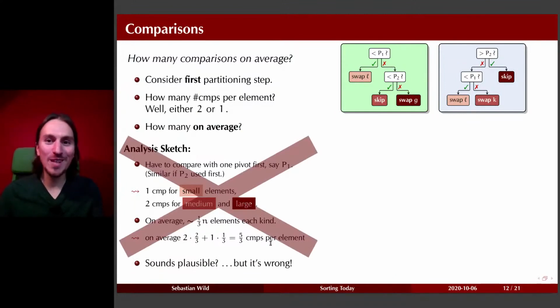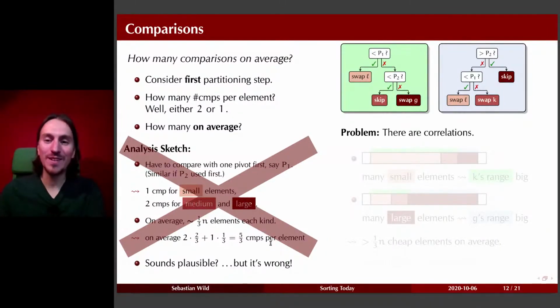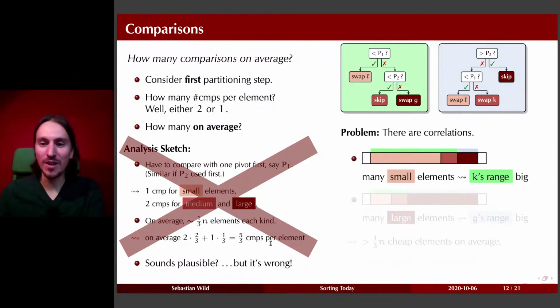I guess that sounds plausible, and it's a good first approach. The problem is it gives the entirely wrong answer to this question. And the reason is qualitatively that there are correlations between two things, and it has to do with the fact that we have these green and blue pointers and they act differently. So as a thought experiment, suppose there's many small elements because the 2 pivots you picked are fairly large.